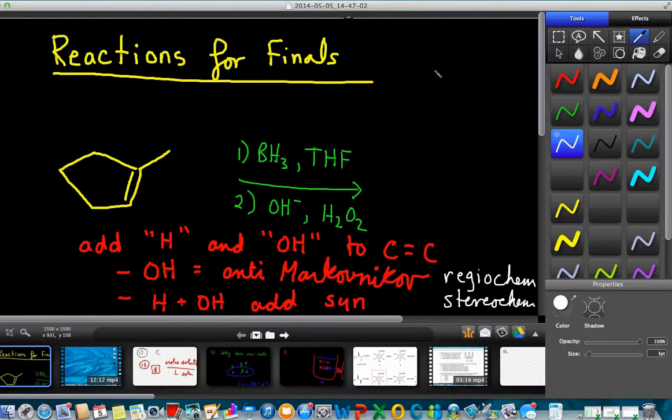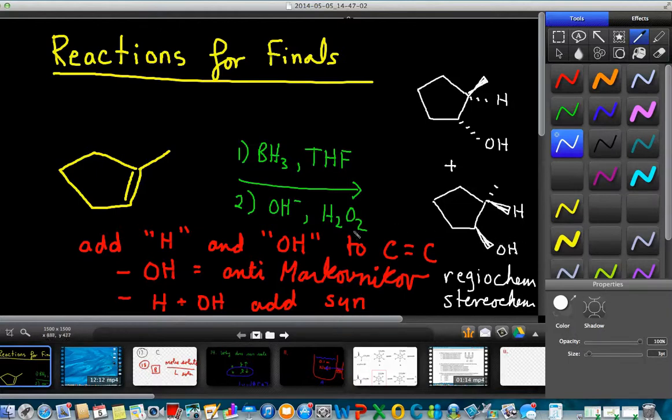So with our particular example, you have one of two possible correct answers. The methyl group could be coming out, which of course means the hydrogen will be going in, which of course means that the OH will be going in. Or the methyl can be going in, which means the hydrogen is coming out, which means the OH is coming out.